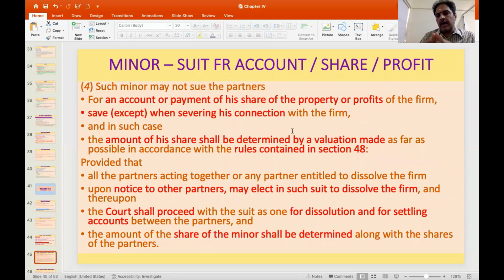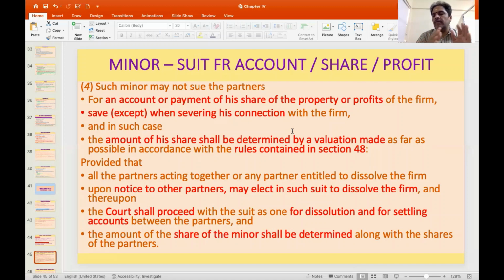As a principle, while he is continuing in the partnership as a person who is entitled to benefits, if the share of property is not given, if the share of profits is not given, or if the accounts are not produced to him, then he cannot sue the partners, but he can sue only when severing his connection with the firm, and in such case, the amount of his share shall be determined by valuation made as far as possible in accordance with the rules contained in section 48.